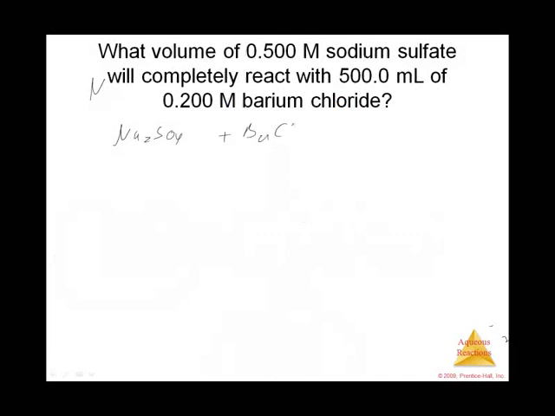Sodium sulfate plus barium chloride gives us sodium chloride, we'll have two of those, plus barium sulfate. What we want to know is the volume of 0.5 molar sodium sulfate that's going to react with this amount of barium chloride. So I'm going to take that 500 milliliters of barium chloride.